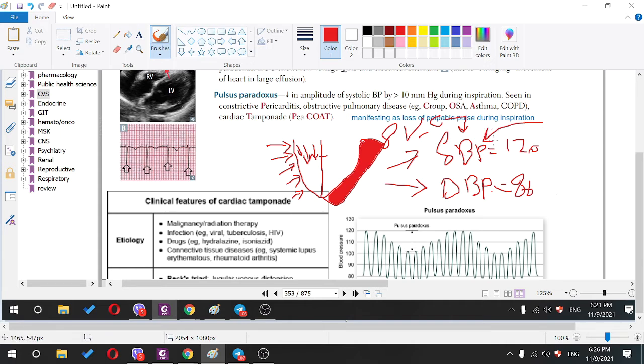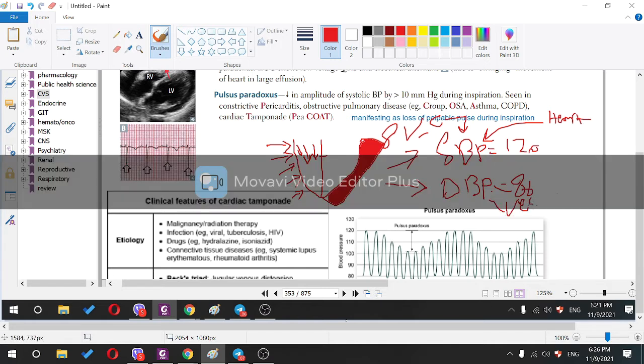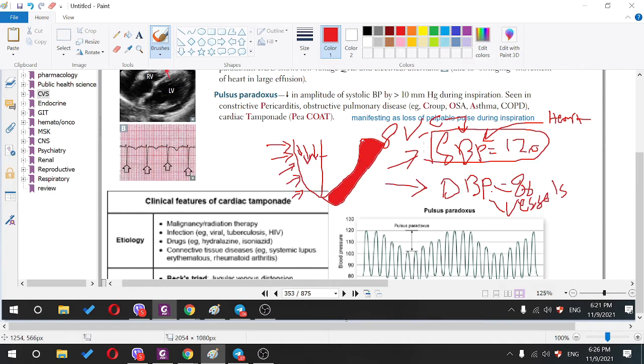More contractility means more systolic blood pressure. Because who controls the systolic blood pressure? That is the heart. Who controls the diastolic blood pressure? It's the vessels. So in case of tamponade, it's a problem of the heart, increasing the stroke volume and the cardiac output. Thus, the systolic blood pressure will be much higher, okay? During what? During inspiration.